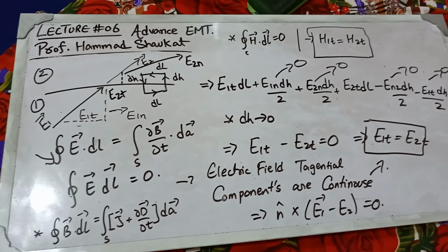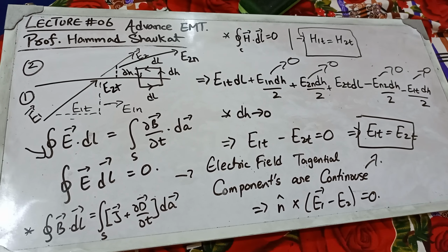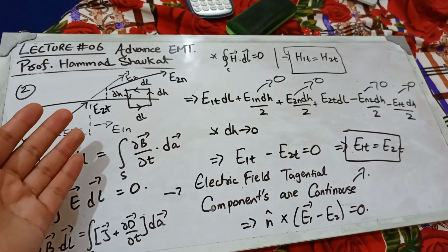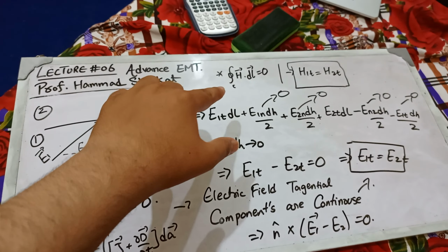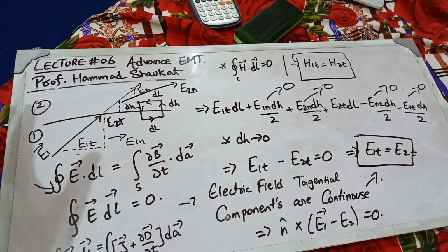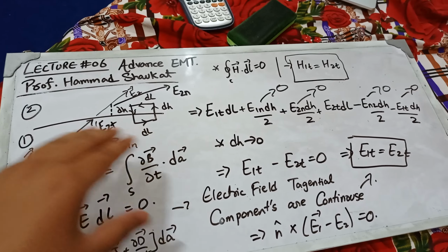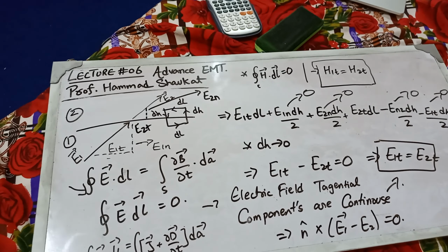So that's all for today's lecture. Okay, so there is a new thing here. If you want to find, in the case of magnetic field, the tangential magnetic field components on the surface, not in space but on the surface, what you have to do is this.